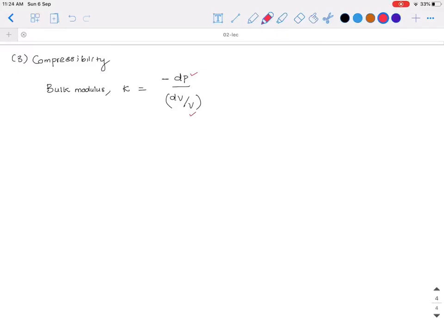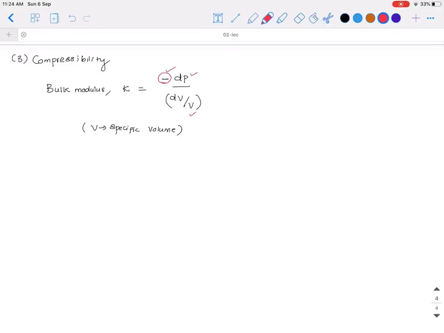Here V is specific volume. We have a negative sign here because when pressure increases, dV by V decreases, but it is a modulus, so we want it to be a positive quantity. That is why we have introduced a negative here.